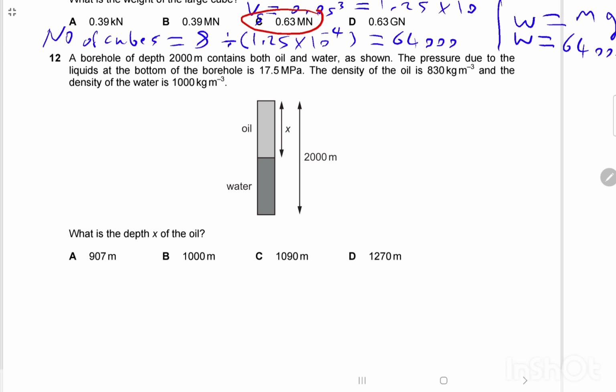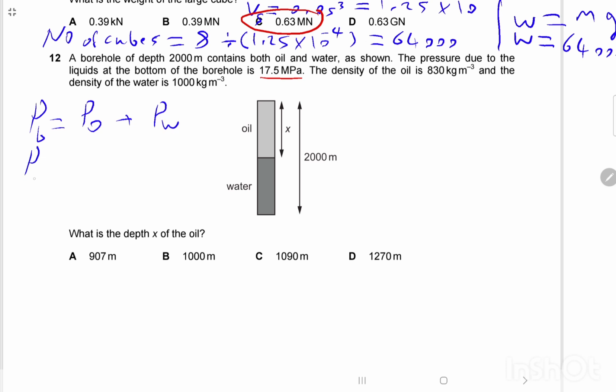So in order to solve it, we start like this. Pressure at the bottom is given to us here. Let's see what we have to do. Pressure at the bottom is equal to pressure due to oil plus pressure due to water.